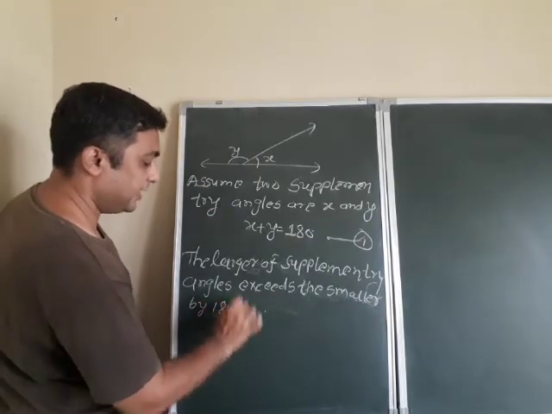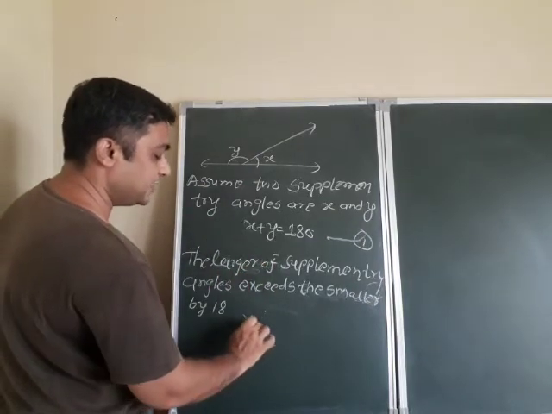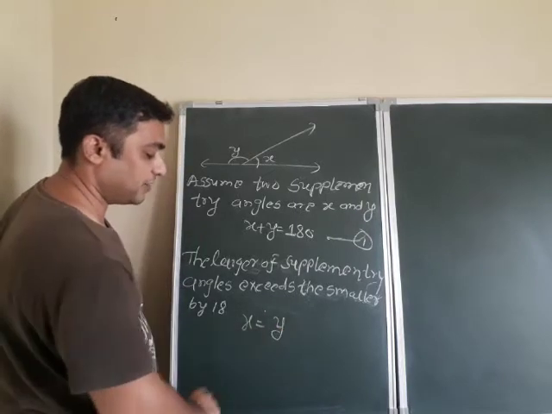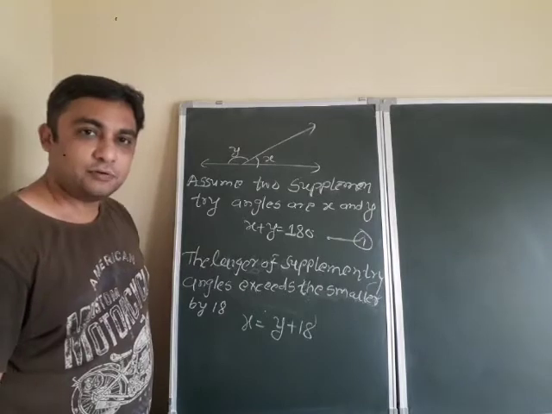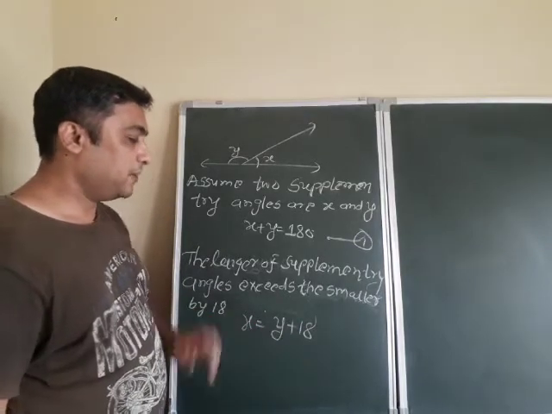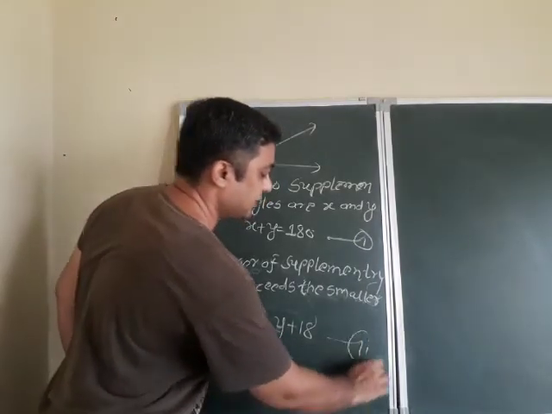Okay, now you can write. Suppose the larger you consider as x and the smaller you consider as y. So x is 18 more than y. It means x is equal to y plus 18. Now you can say that it's the second equation.